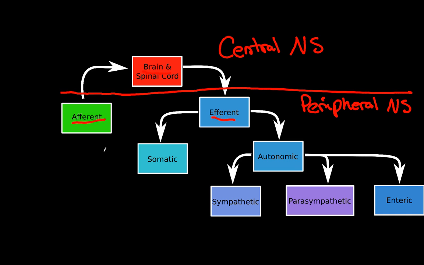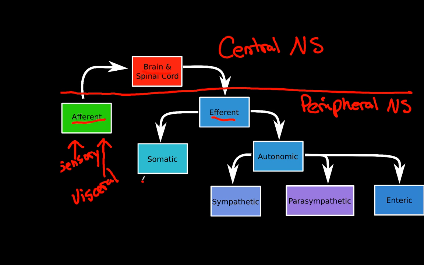Now, the afferent side is going to be getting information from sensory neurons, but also from visceral neurons as well. They're bringing information from organs and things like that, bringing all that information together and passing it on through the brain and spinal cord. Now, it's a little more complicated on the efferent side, where information is leaving the central nervous system, but one primary division is what's known as the somatic division.